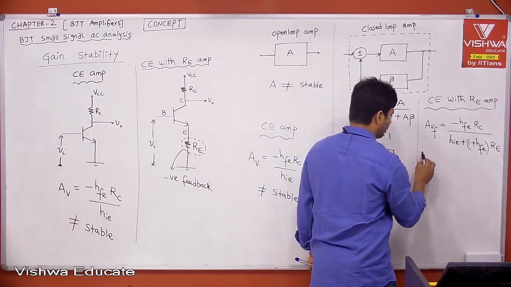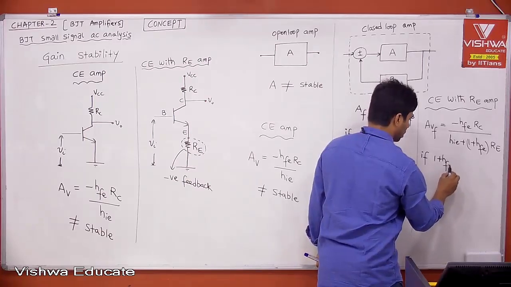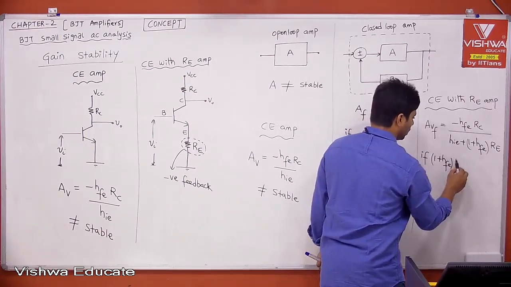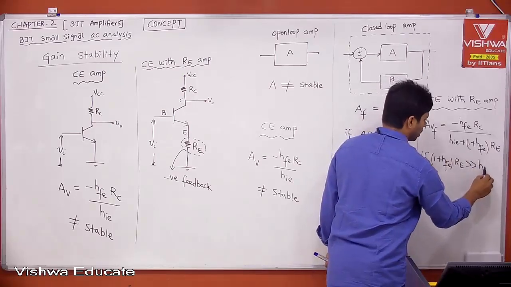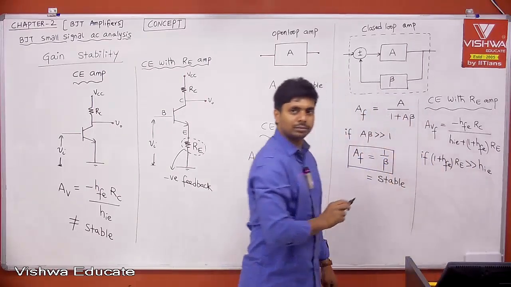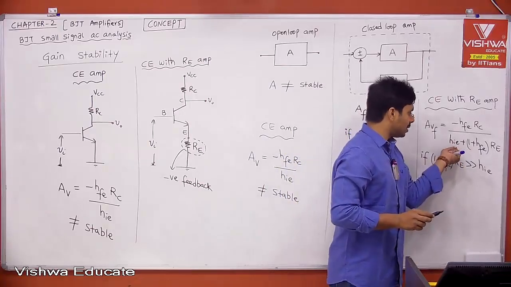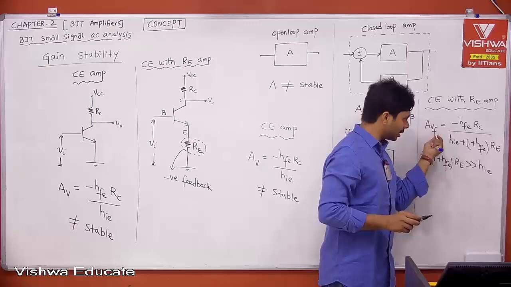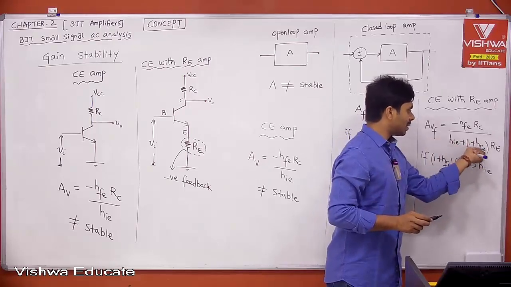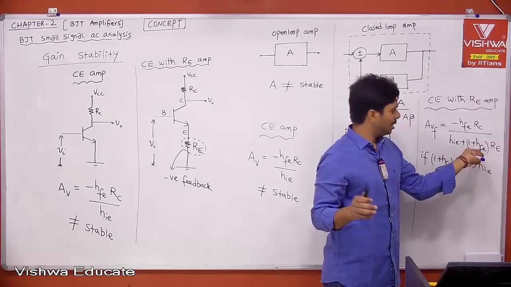Similarly, if 1 plus HFE into RE is very much greater than HIE. If this is true, typically it is true, then can I neglect HIE? Yes. If this is very much bigger than this, I can neglect it. Then what is this? 1 plus HFE, say HFE is 50, 1 plus 50 is approximately 50.